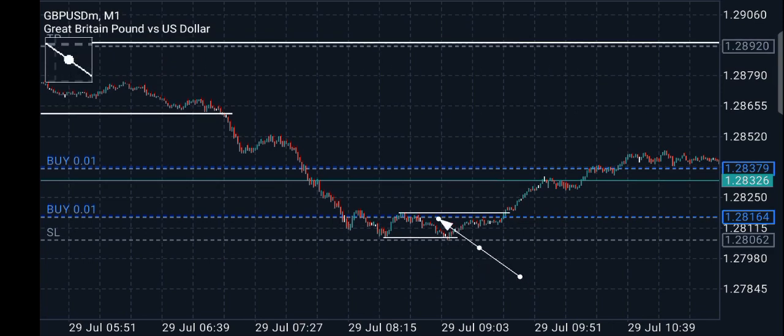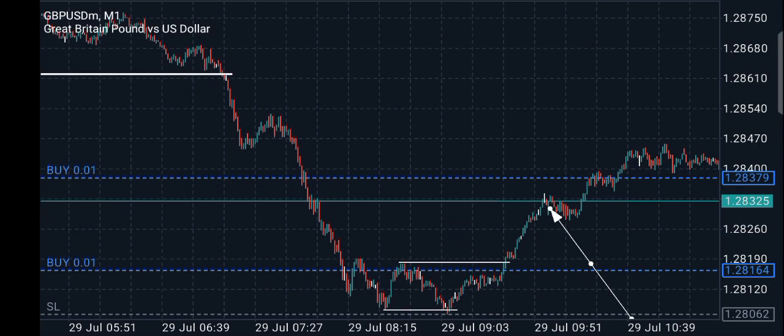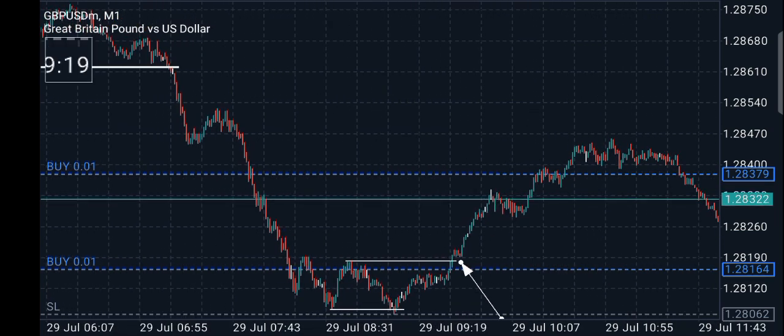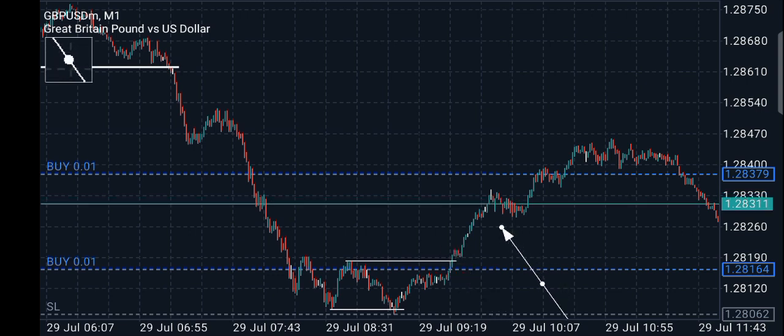We have a break of structure here to the upside, which is causing a change of character to the upside. When I saw that, I took my entry here as price was breaking, so I took my first entry here.